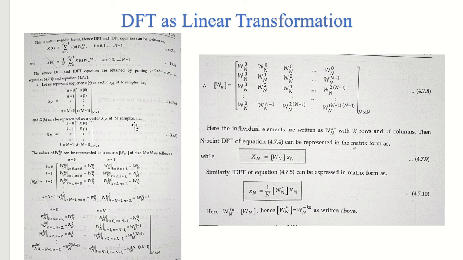Basically we want the time domain signal back. So what we will do here is take the DFT and IDFT equations, and simply put the value of Wn equals e raised to j 2 pi divided by n.